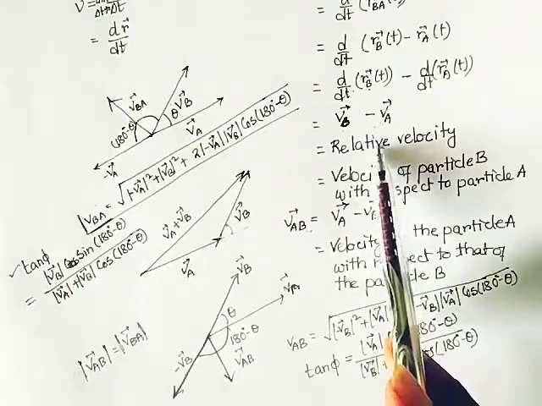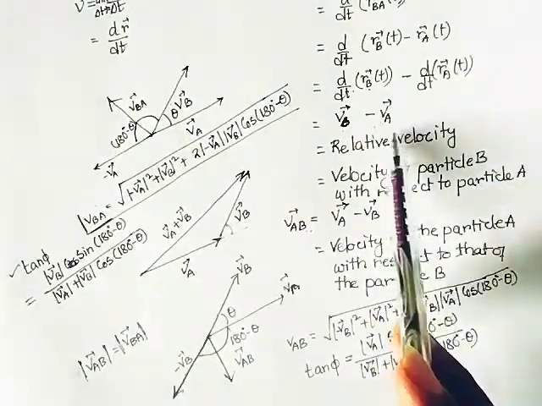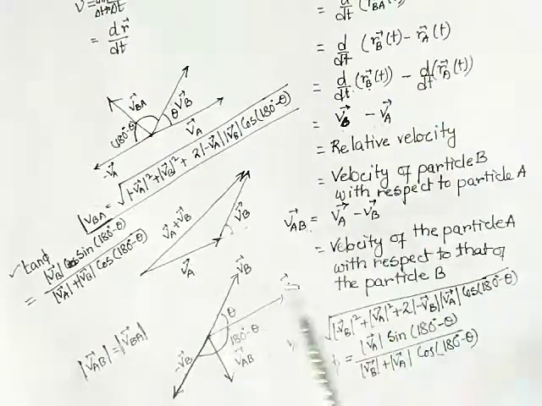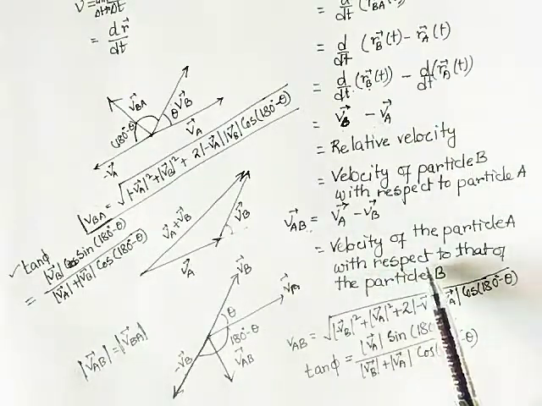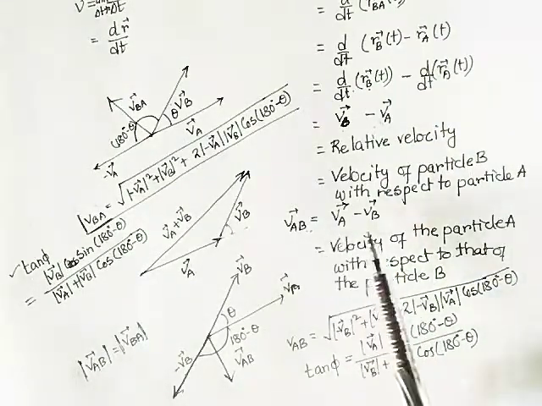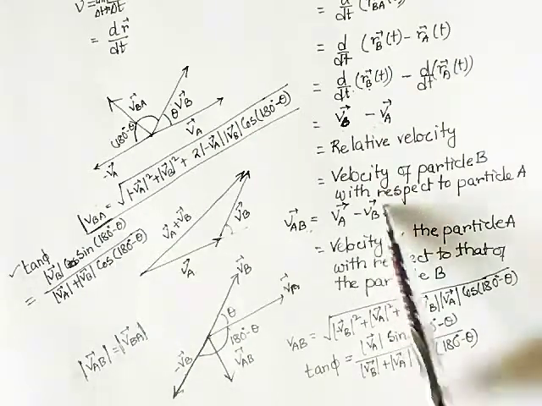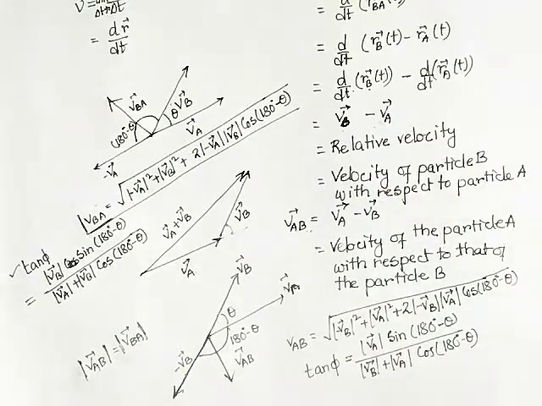Here we want to measure with respect to A, so the velocity of particle A will be minus. Here we want to measure the velocity of particle A with respect to B, so the velocity of particle B will be minus.